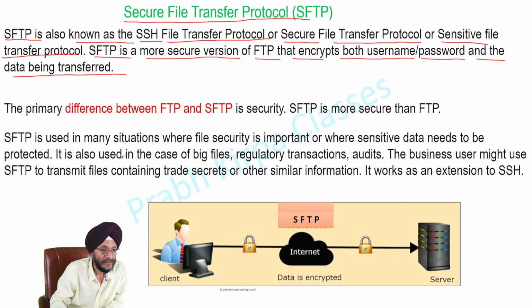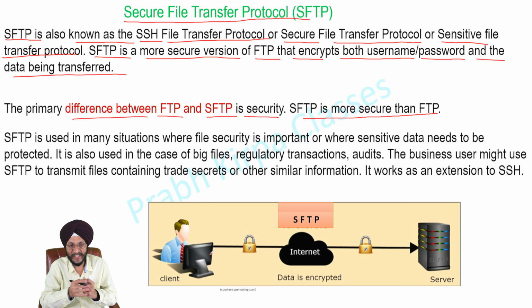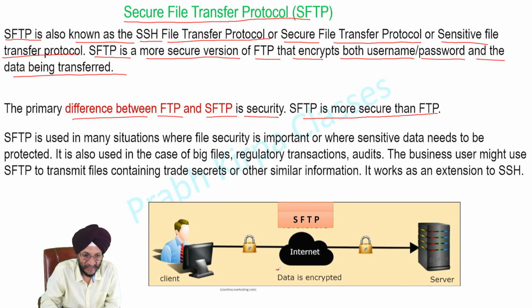The primary difference between FTP and SFTP is security. SFTP is more secure than FTP. Here you can see that when the data communication is taking place between client and server, the data is encrypted.